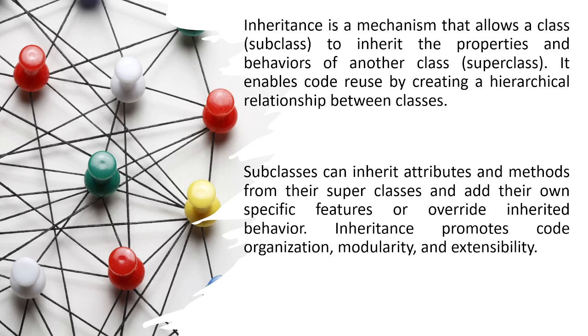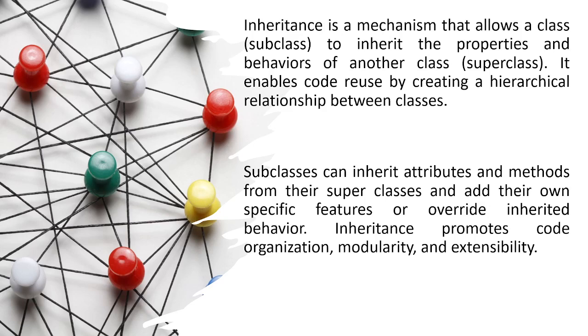So inheritance is a mechanism that allows a class, or a subclass you can say, to inherit the properties and behavior of another class, a superclass. We'll be talking about subclass and superclass; base class and superclass are identical. We'll be talking about this after this slide, and also in the coming lecture.